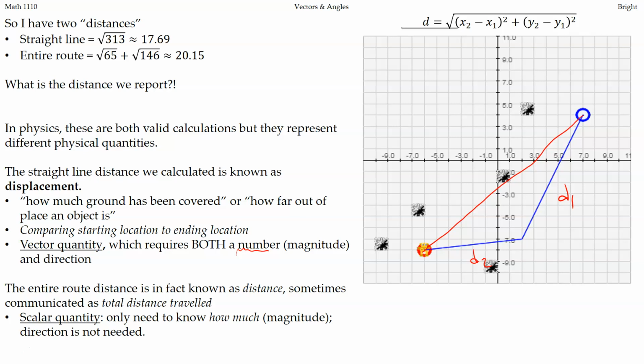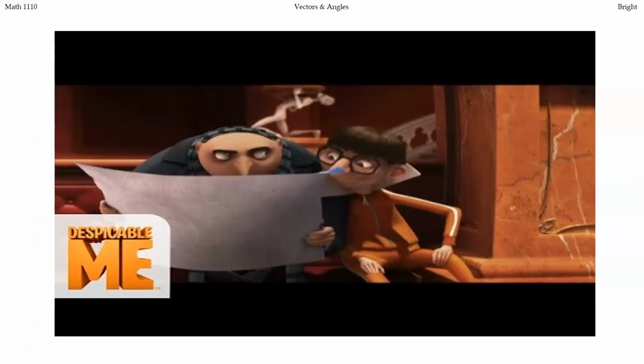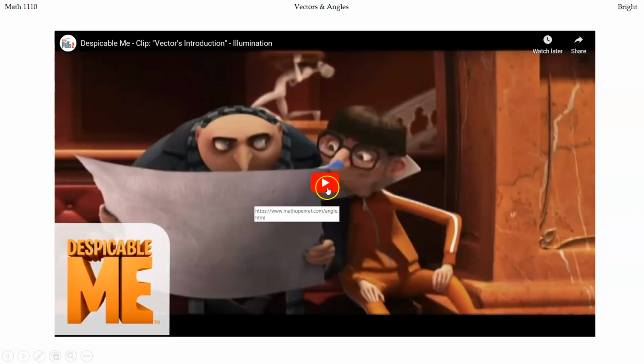To help you delineate these two ideas, we're going to watch a short YouTube clip. But before then, I have a quiz question to make sure you're understanding these concepts correctly. Of the two distances that we see here, which one is going to be our displacement? Answer that in the next quiz question. And here's the YouTube clip that we are going to end the video with.